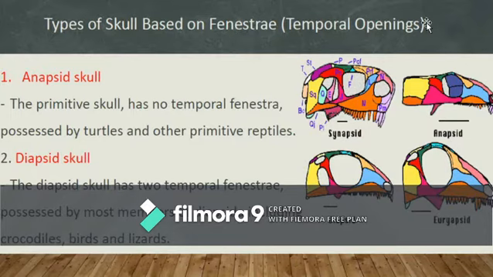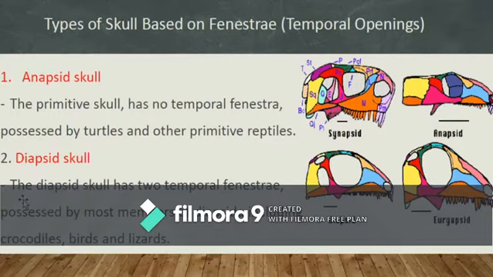So temporal openings. So we have here the anapsid. This is a primitive type of skull that has no temporal fenestrae, possessed by turtles and other primitive reptiles. So this is the anapsid. You can see here we have the optic foramen, no temporal opening. Diapsid skull.